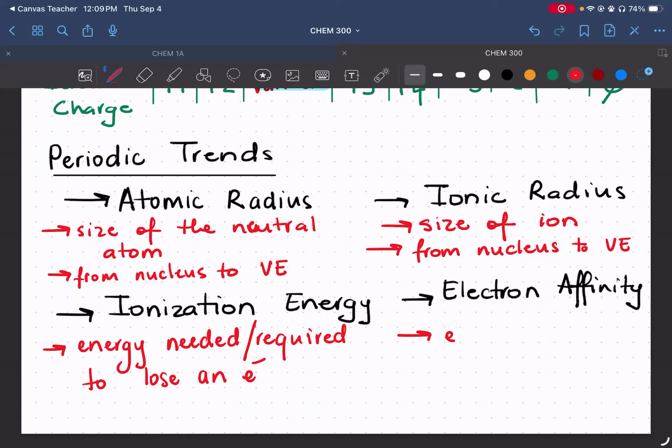Electron affinity is the energy released when an atom gains electrons.